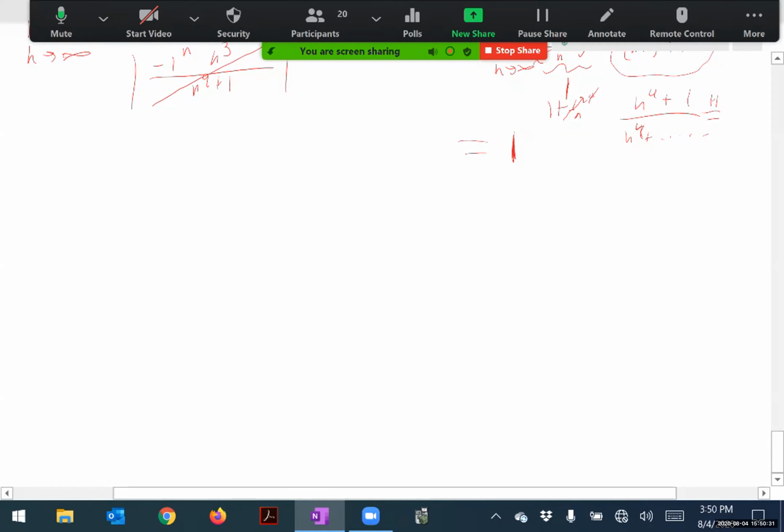Okay, what about E here? Let's look at E. E is the summation n equals 1 to infinity of 1 over 2 plus 3 to the n. Okay, what are we going to do here? Any ideas on this one? What test could we use here?